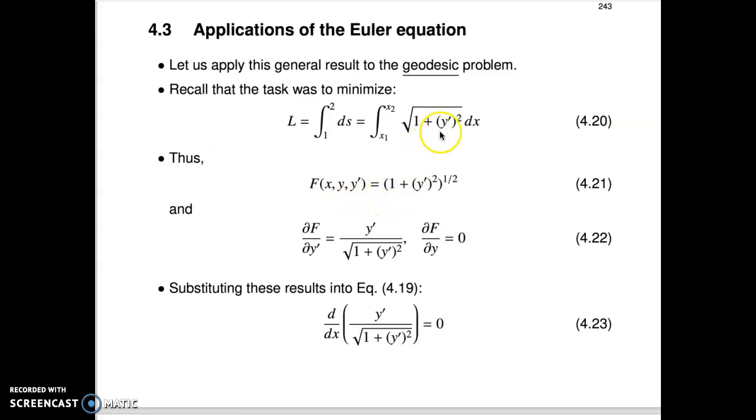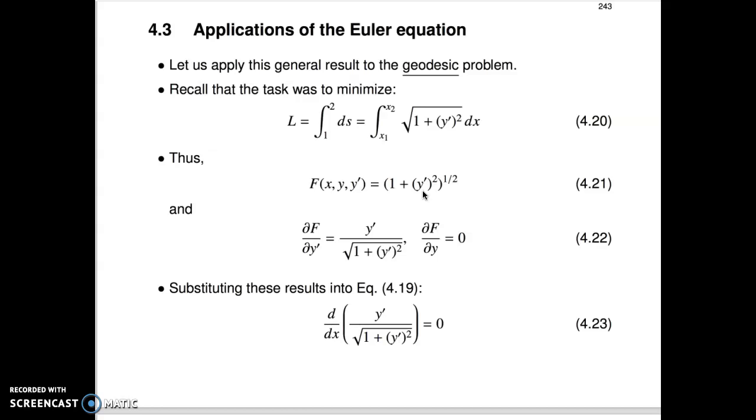Big F here is simply this, the square root of 1 plus the square of y primed. In this particular case, this integrand does not depend explicitly on x, and it does not depend explicitly on y, though it does depend explicitly on y primed. So it's a simple special case where it only depends on one of these three quantities. Okay, and big F is clearly the square root of 1 plus y primed squared.